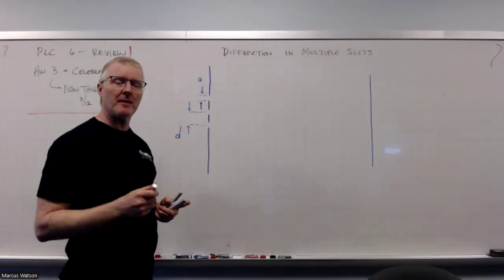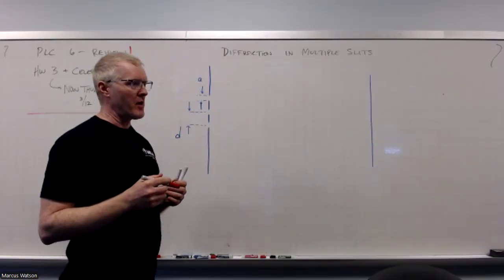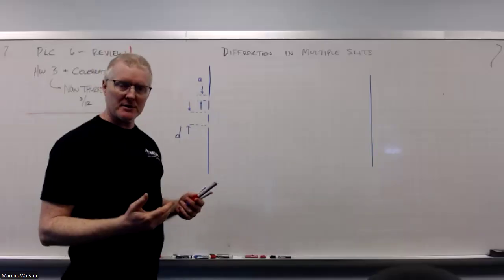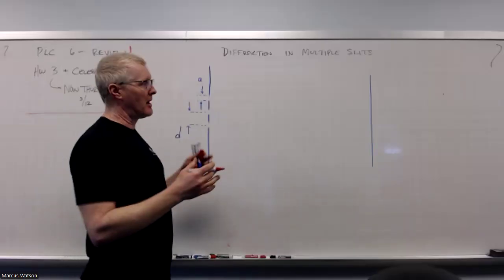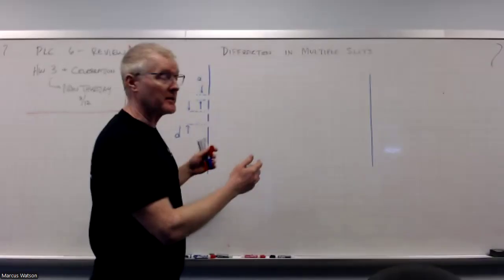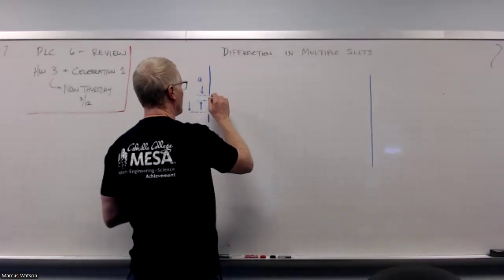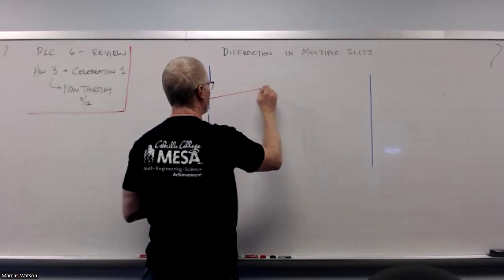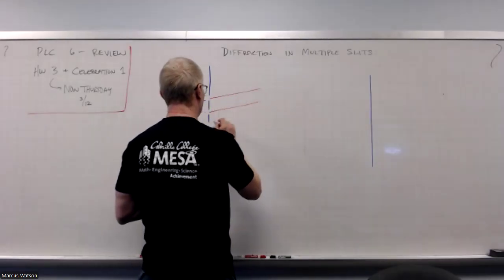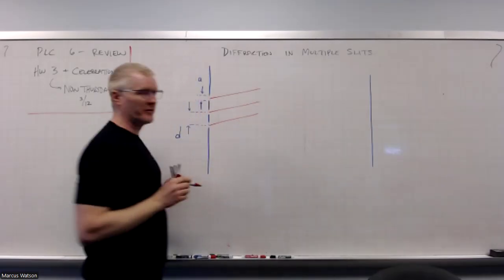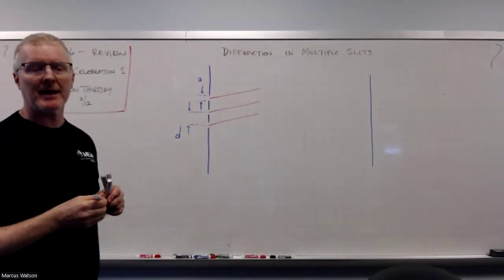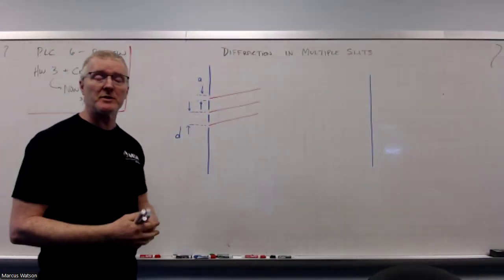So let's take a look at a couple of trials to try and see what type of pattern is going to ensue from this. All right, so we're going to go like this. Suppose I pick an angle like that, and let's suppose that we take a look at this.